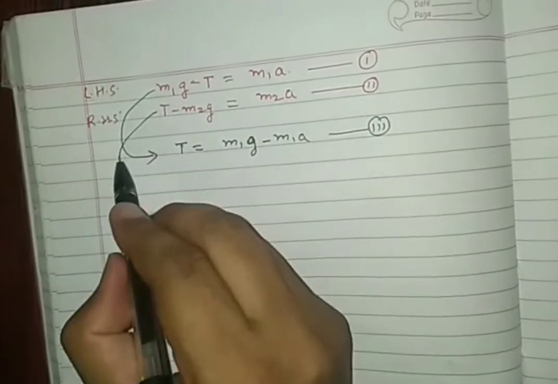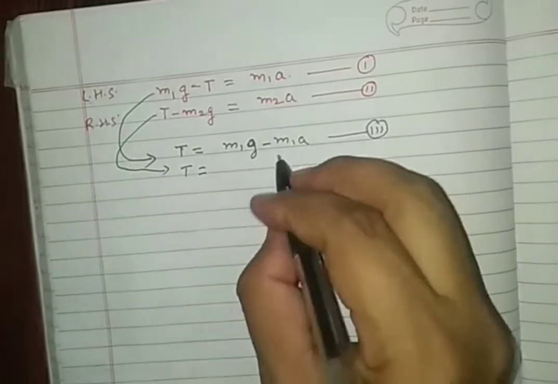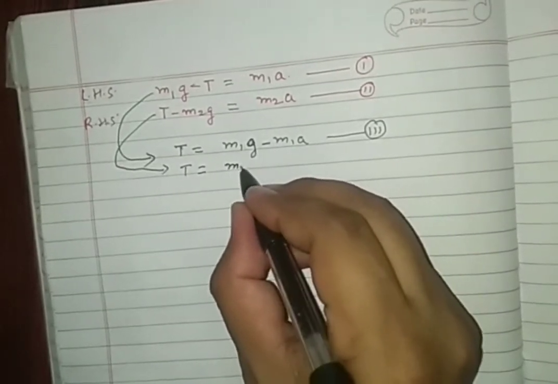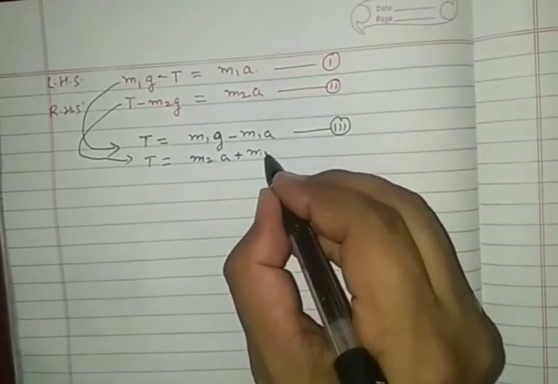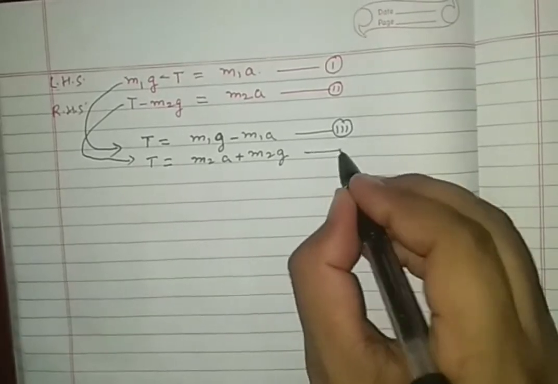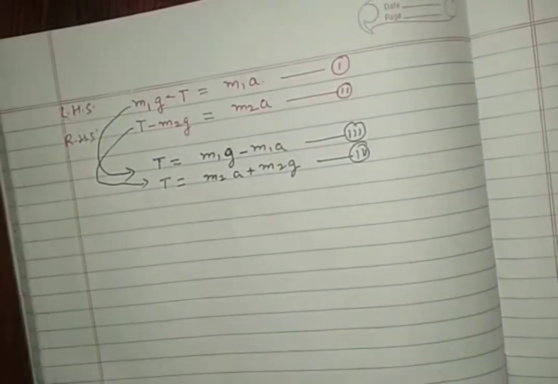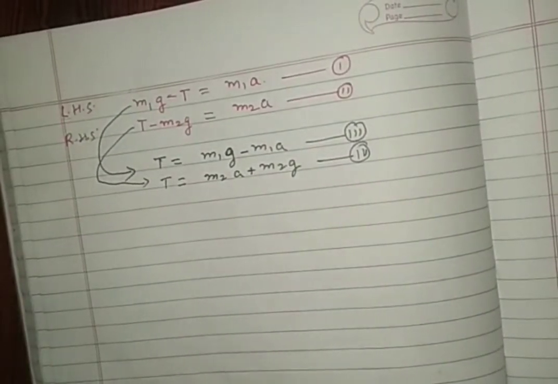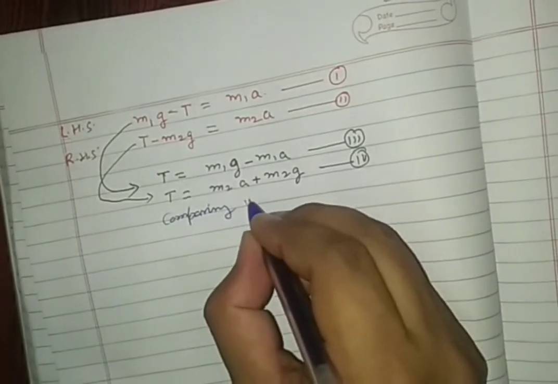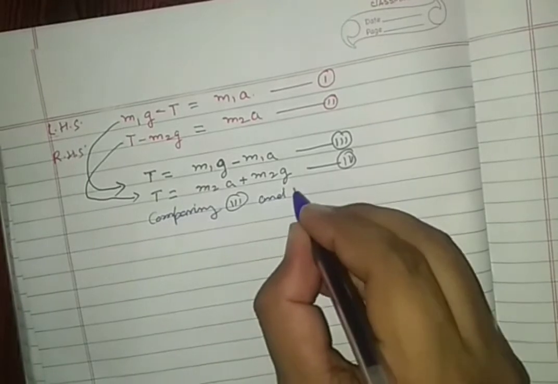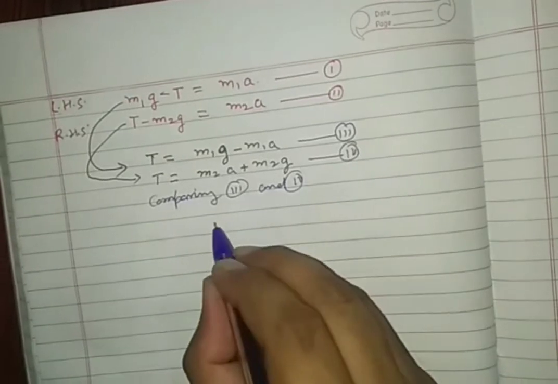Equation 2 we can write as T equals M2A plus M2G, equation 4. Comparing equations 3 and 4, the left hand sides are the same, so the right hand sides are the same also.